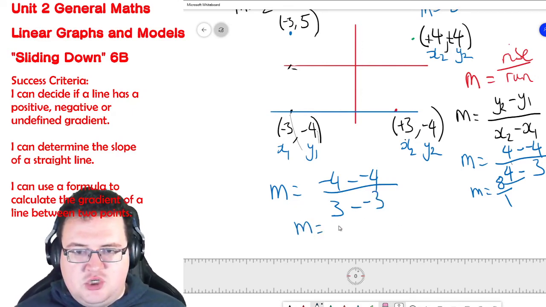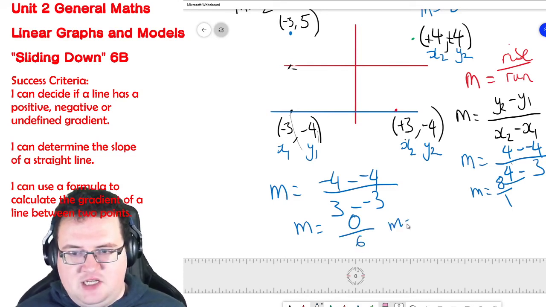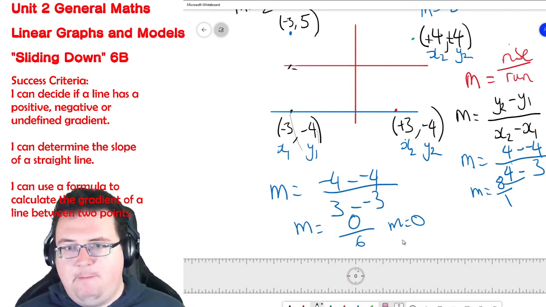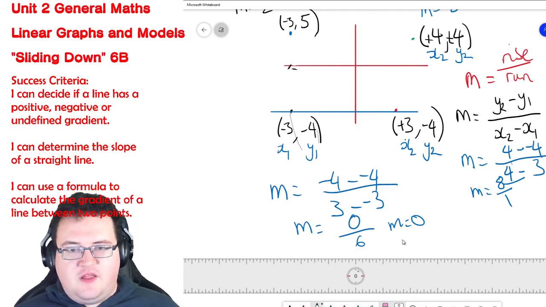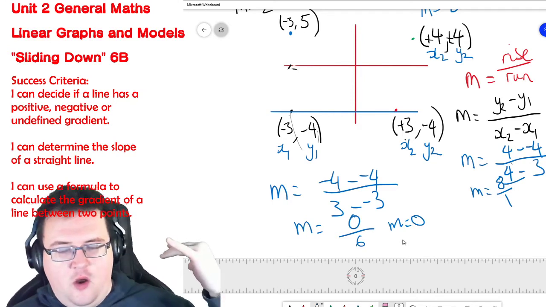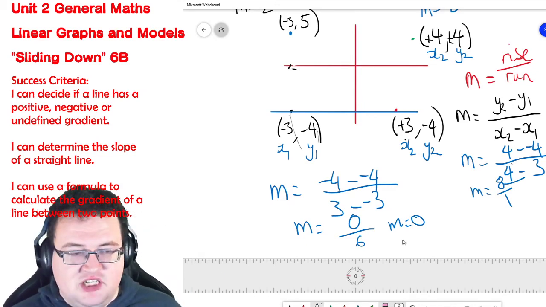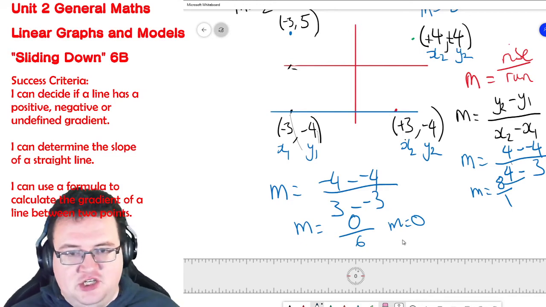M is equal to minus 4 plus 4, which is 0, over 6. So M is equal to 0. So it's a flat line. There is no gradient. All right, so that's when your y values don't change. So you have a 0 gradient when your y values don't change.